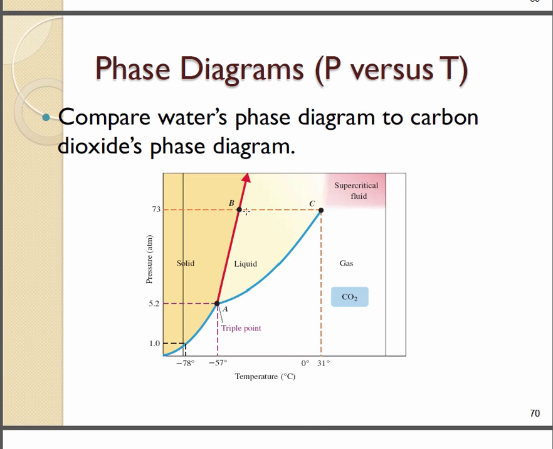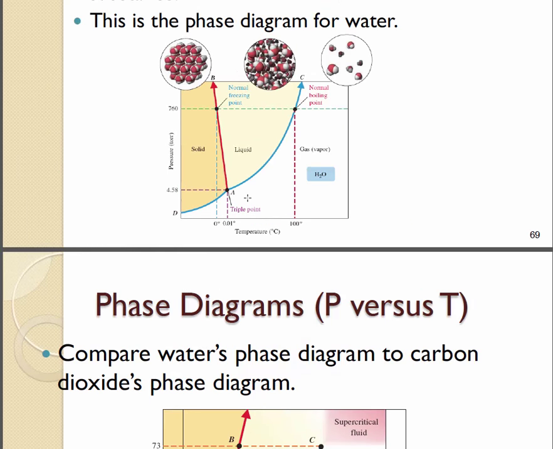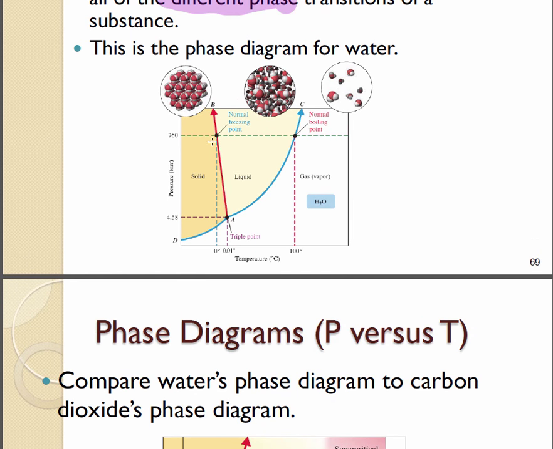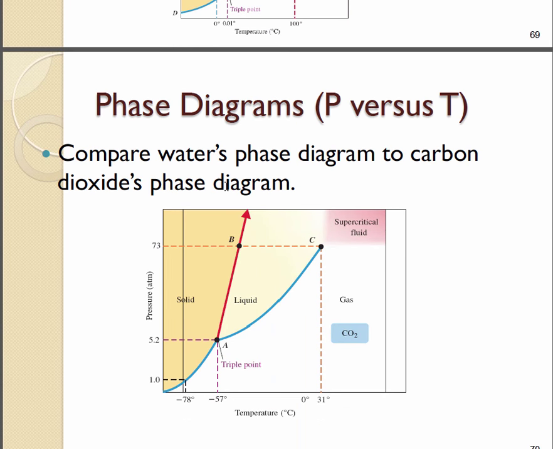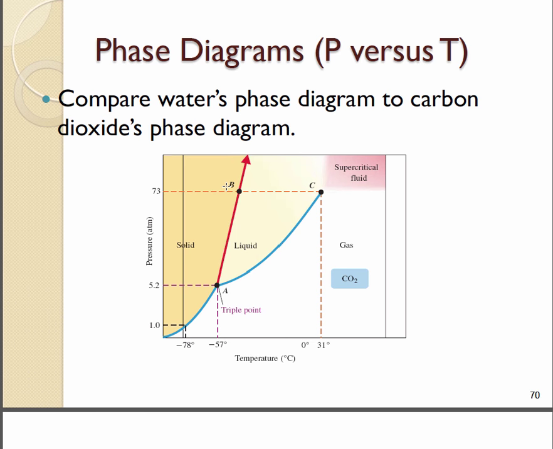Most substances have positive slopes, but if I check back up here, I see that's a negative tending slope, which is kind of confusing. It's a consequence of water expanding when it freezes, and solid ice floats in liquid water, which is very rare for most substances. Most substances have their solids sinking in their liquid.